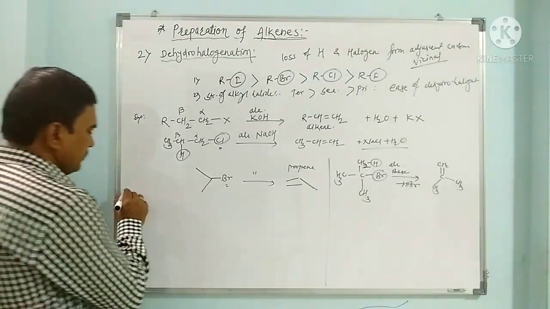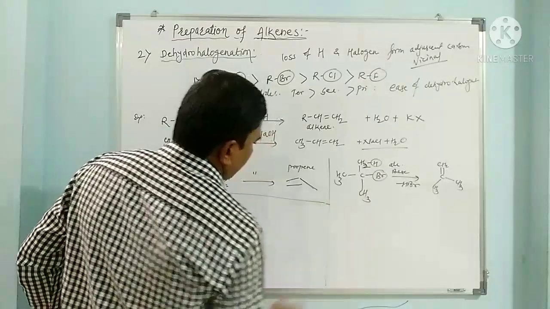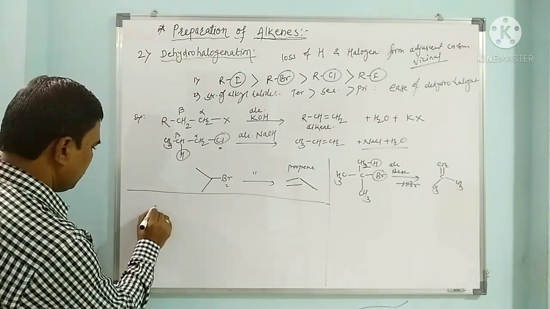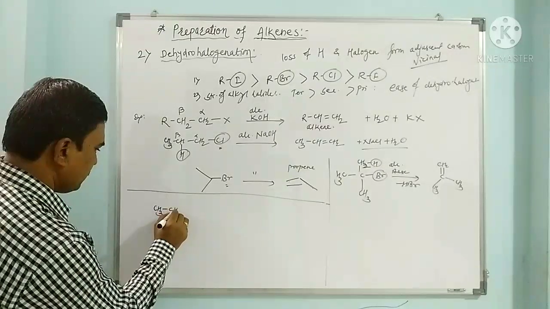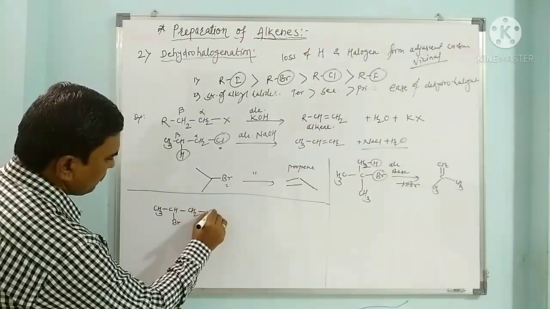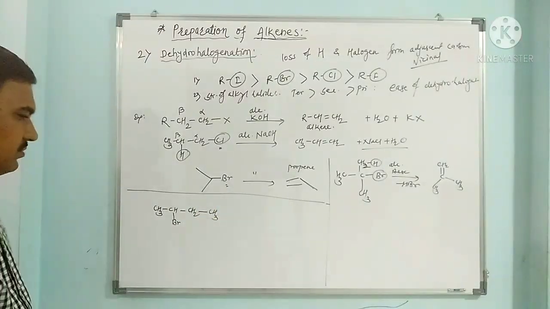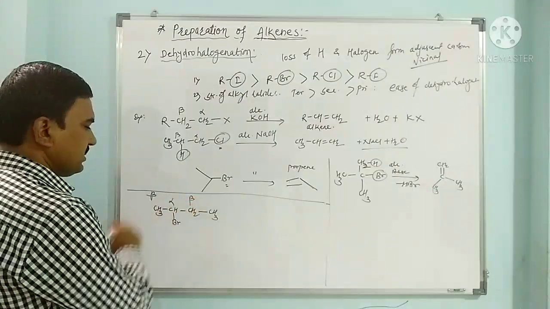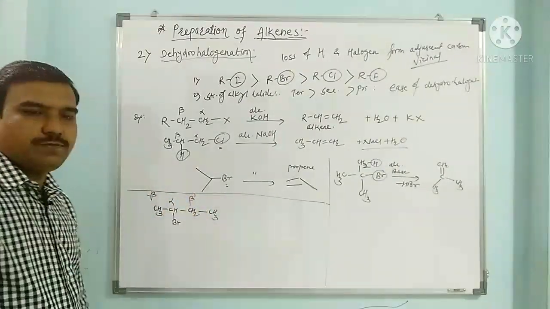When we have two kinds of beta hydrogens, that is CH3, CH, Br, CH2, CH3. So what we have, this is alpha, here this is beta and this is beta dash. So this beta and this beta dash are different.